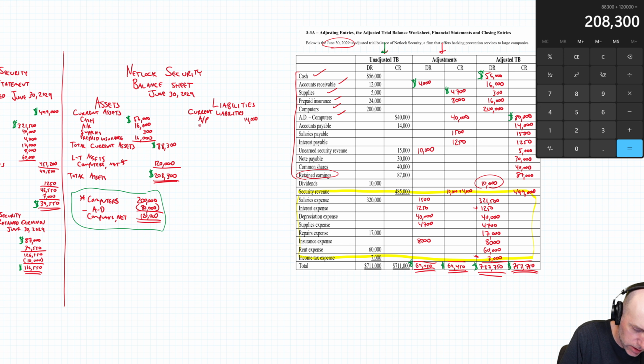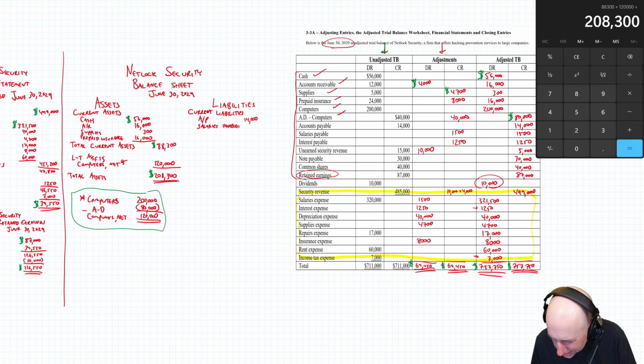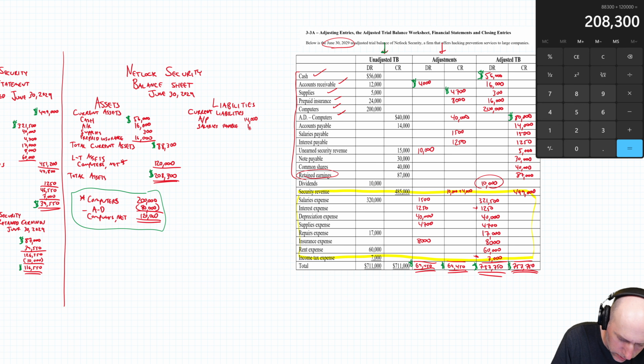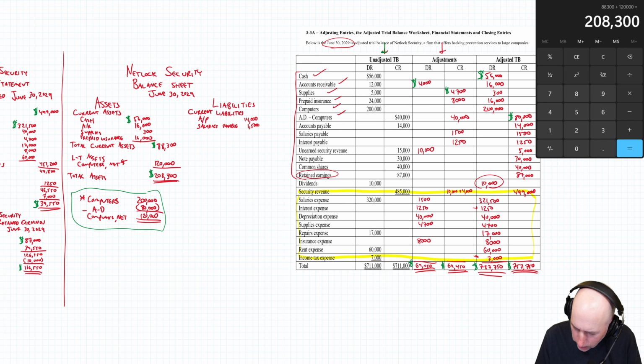Then we got salaries, that's definitely current. Salaries payable is $1,500. Interest payable, $1,250.